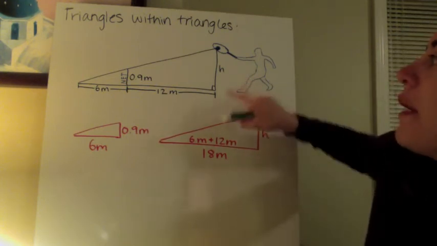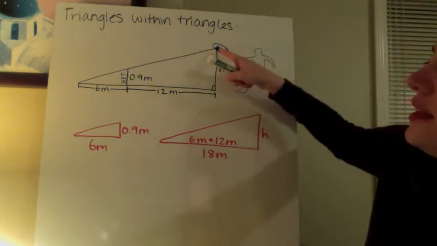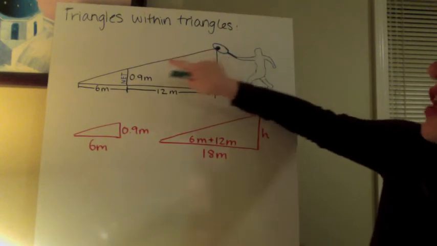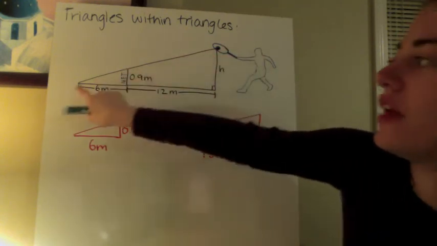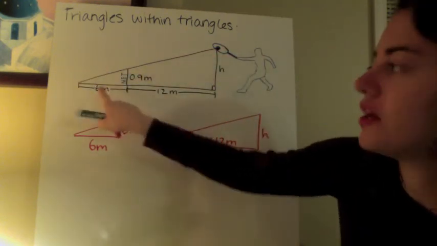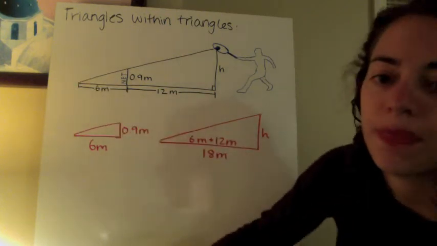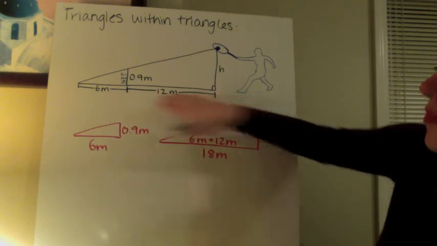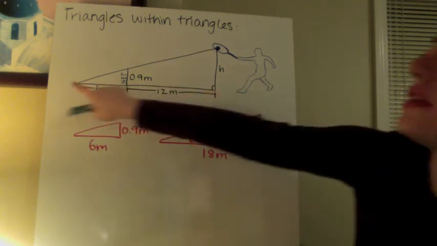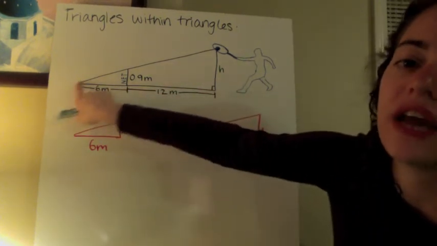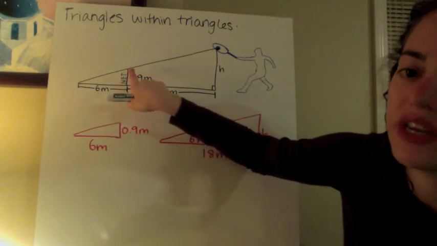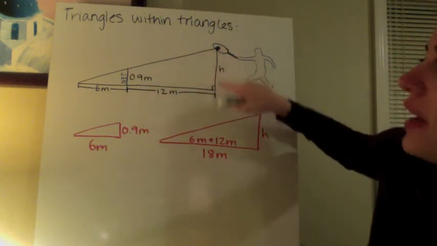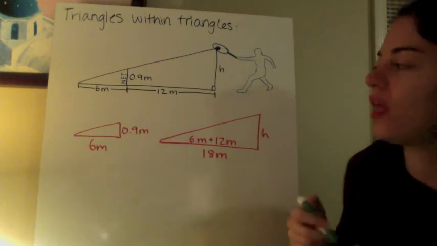I want to figure out how high I need to hit this ball in order for it to just skim the net and land 6 meters across the net. So I've done some measurements already where I know I'm 12 meters from the net on my side. I want it to land 6 meters onto the other side, just going barely over the net. How high do I have to hit that tennis ball?